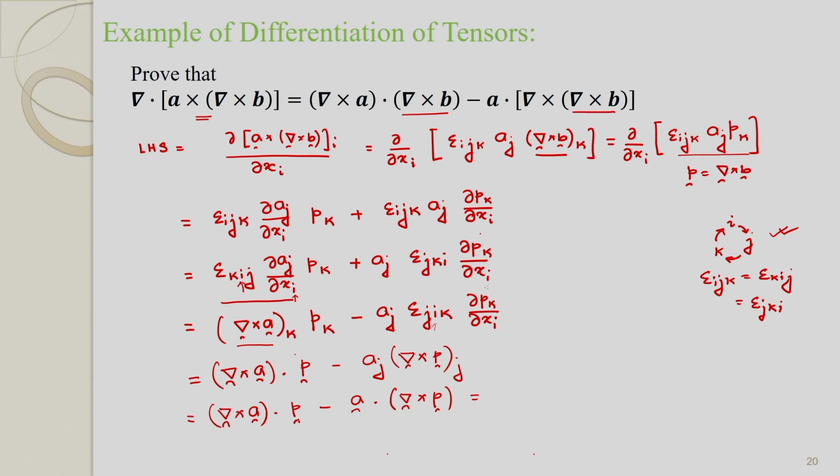Now we can replace P by our original vector, curl of B. Thus we get our right hand side.